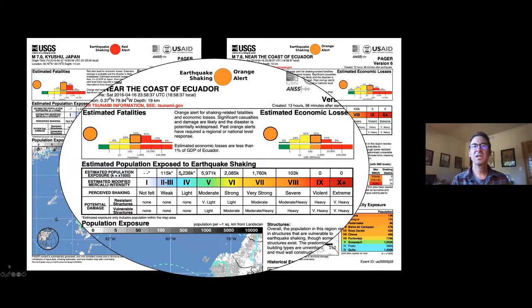The population exposed at each intensity level is what we use to determine the number of fatalities and the economic losses, given the intensity level and the population exposed. So this is very important. We also give an estimate of the economic losses in terms of the GDP, the gross domestic product of each country, because that will decide whether or not the country is going to need international aid to recover.